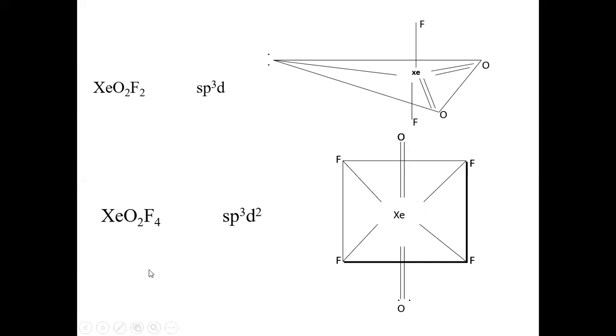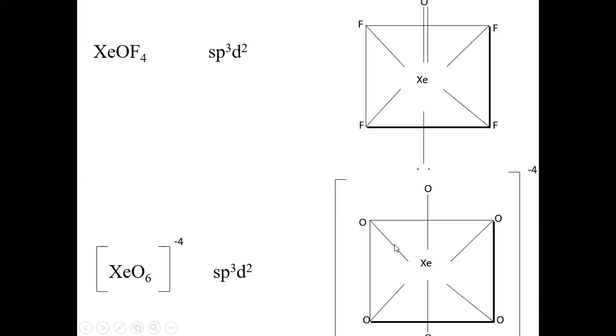Now coming to the dioxytetrafluoride, sp3d2 hybridization, tetrahedral shape. Next, oxytetrafluoride, sp3d2 hybridization. And xenon hexoxide, it is in the ionic state, sp3d2. Here is the shape.